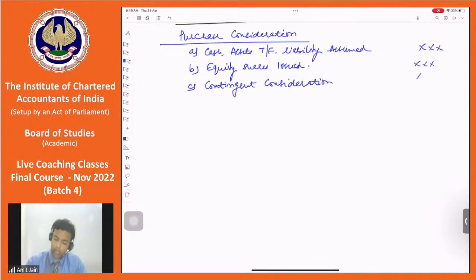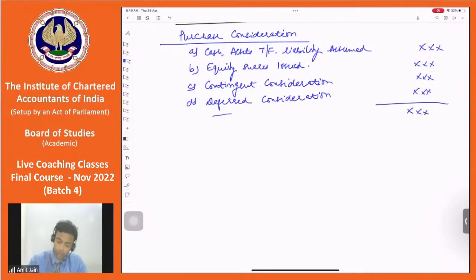Contingent consideration. Deferred consideration. This will be the total purchase consideration. Correct, guys? In the previous class, we have talked about this.